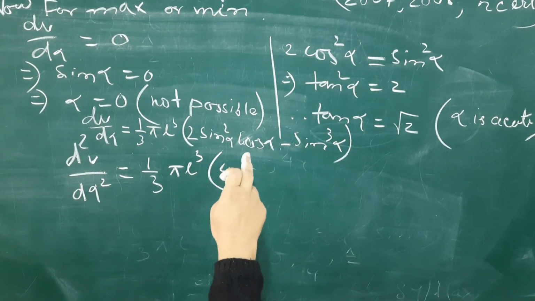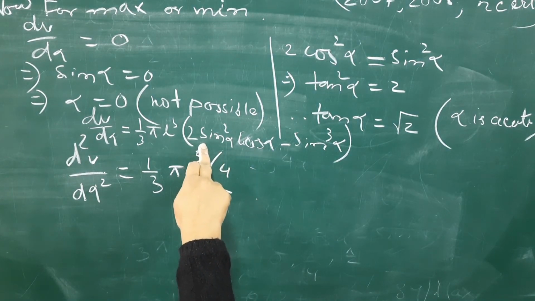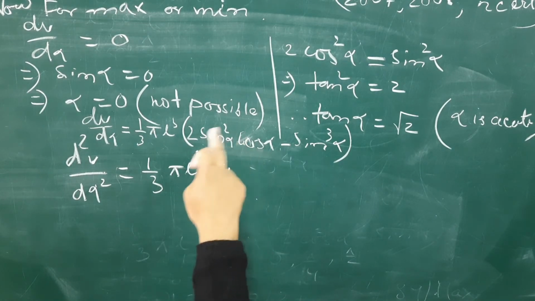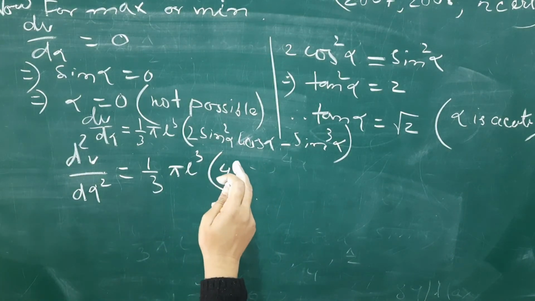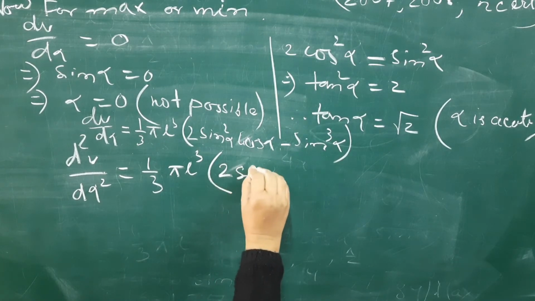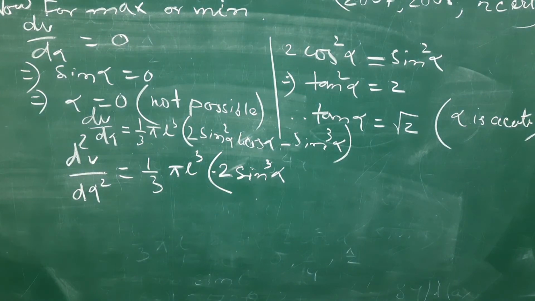It will be first is sine square alpha unchanged, that means cos alpha is minus sine alpha. Okay, derivative of cos is minus sine. So 2 sine cube alpha, it is minus. Okay, minus 2 sine cube alpha.